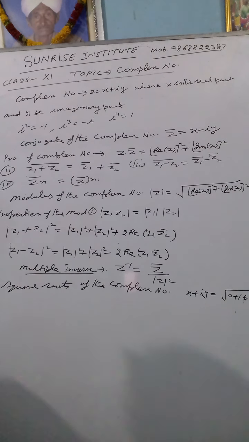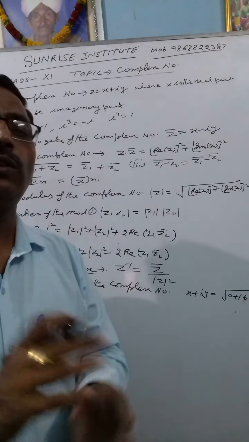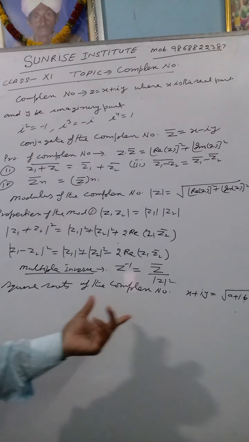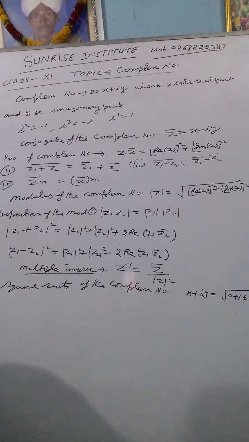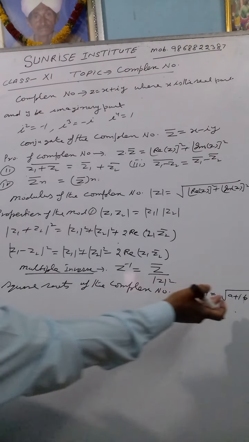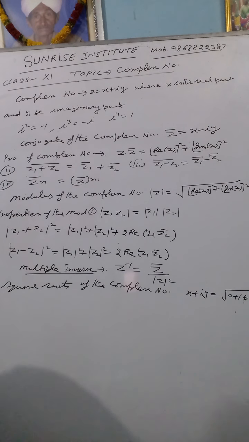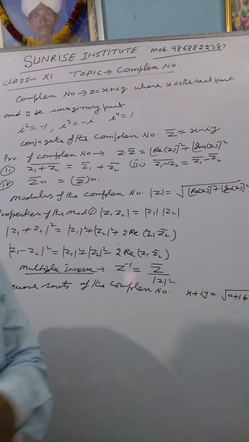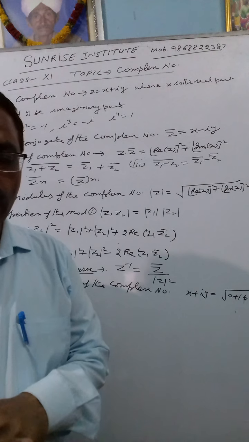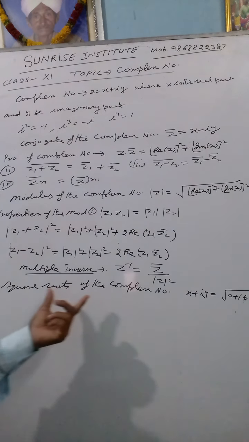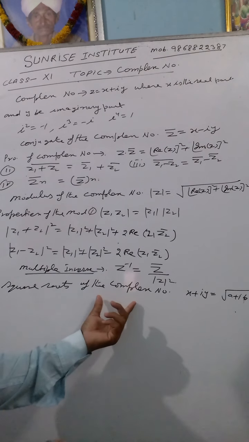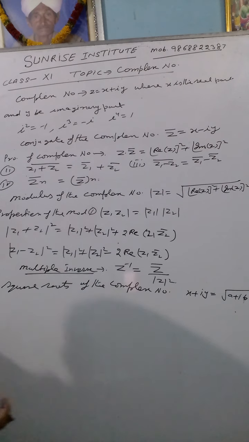When we find the square roots of a complex number, we use this formula, okay students, where a and b are the real and imaginary parts of the complex number.